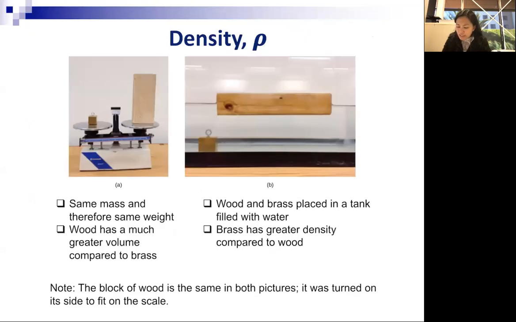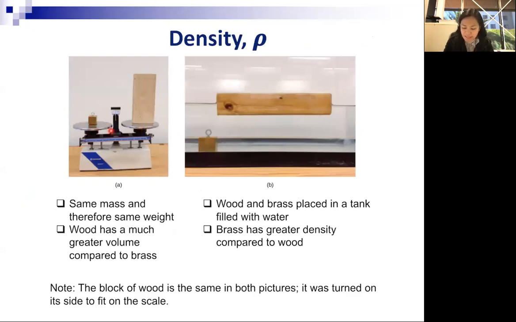But here is a good example of where thinking about mass per unit volume is more relevant than thinking about mass itself. So say, for example, you have here two objects, a cubic brass and a block of wood. So say here they have the same mass.